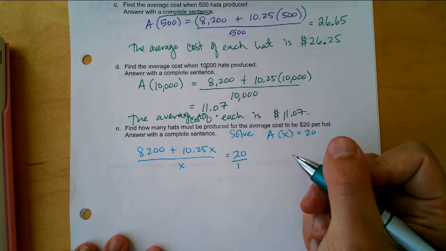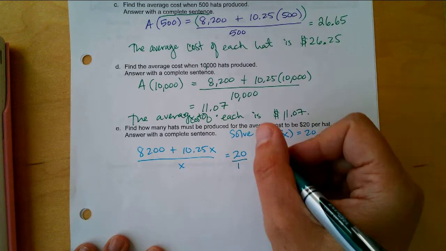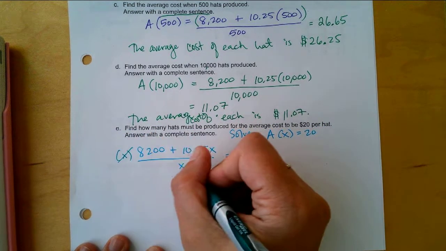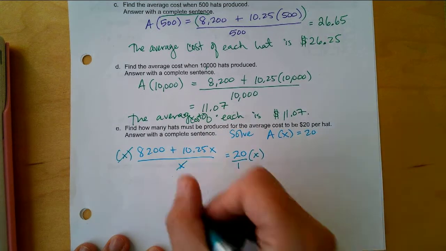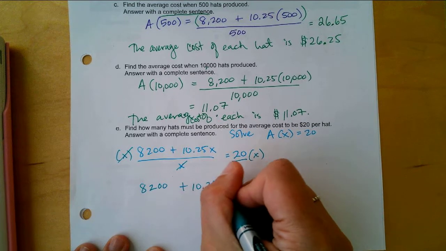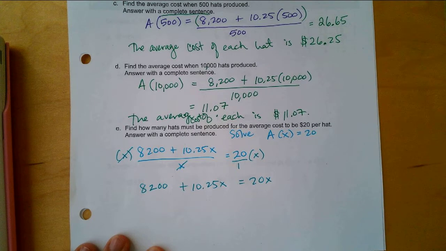Yeah, multiply both sides by x, right? That's the idea of a proportion, or that's the same thing as clearing fractions. If I multiply this side by x and this side by x, because that's the lowest common denominator, I would get 8,200 plus 10.25x equals 20x. And what would you do next to solve for x?